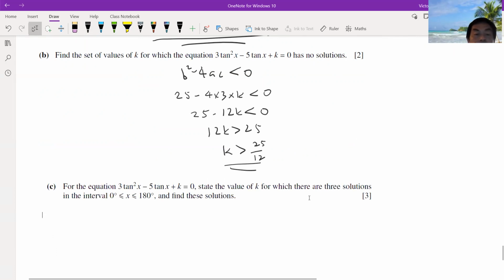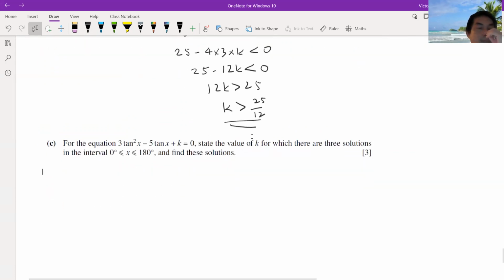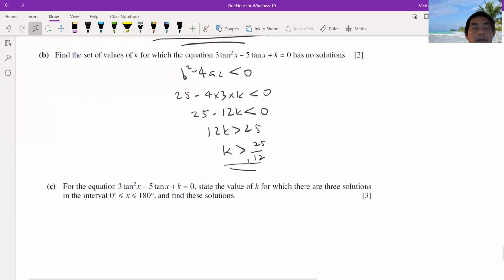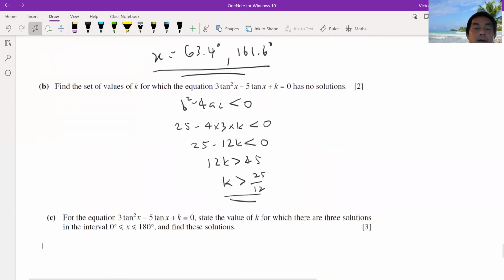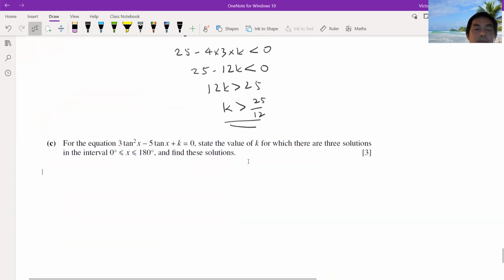For the equation 3 tan squared x minus 5 tan x plus k, state the value of k for which there are 3 solutions in the interval 0 to 180 degrees. 3 solutions. Tan x also can be 0.